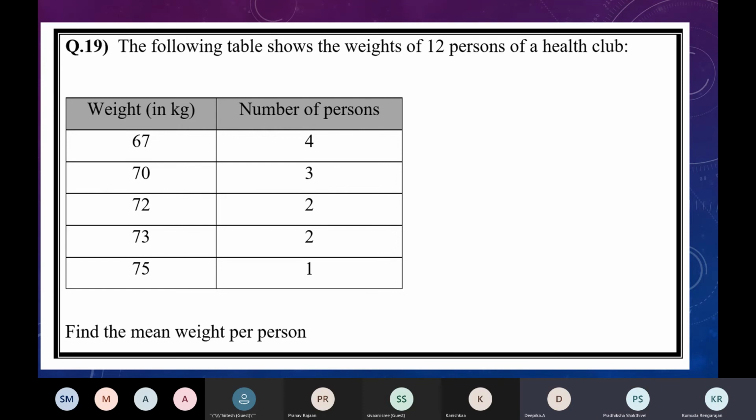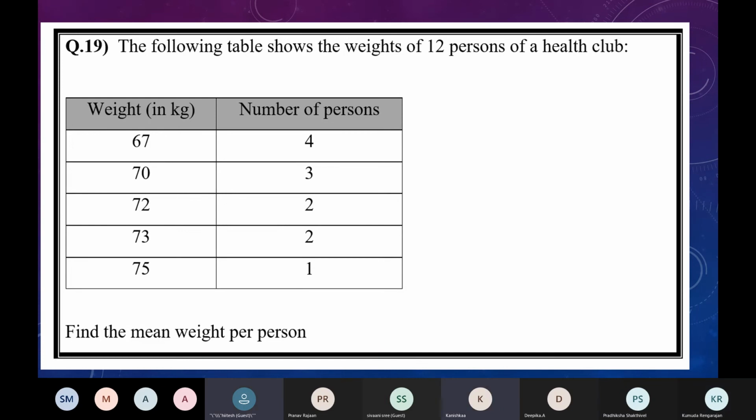Frequency table, ma'am. The frequency distribution. It's a frequency table or a frequency distribution. Is it grouped or ungrouped? Ungrouped, ma'am, because there is no 67 to 70 or something.